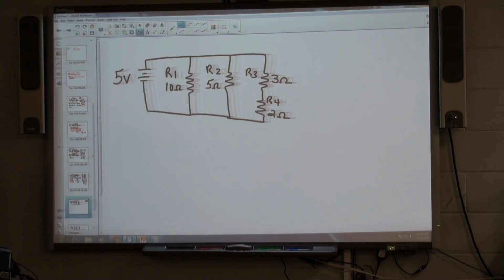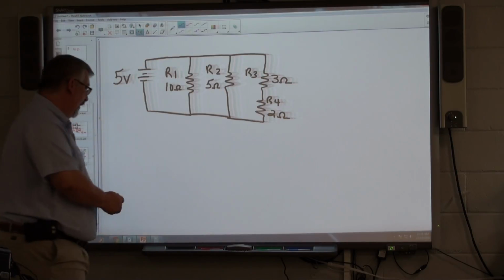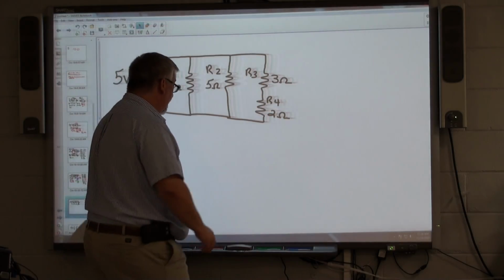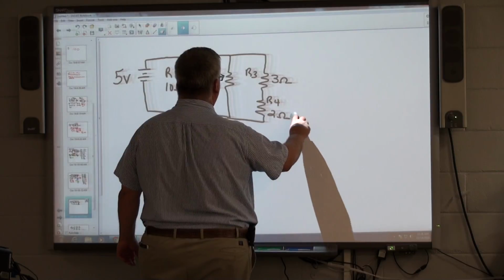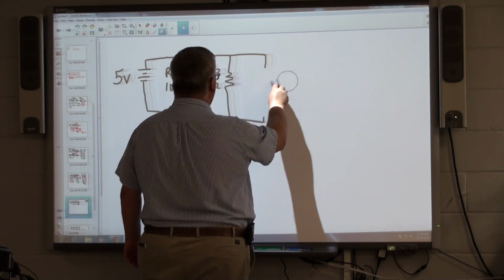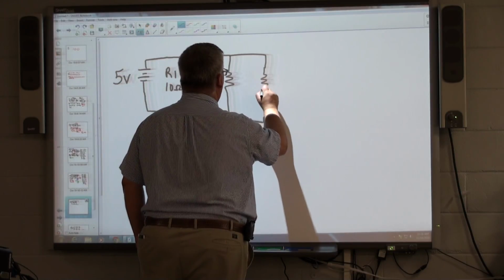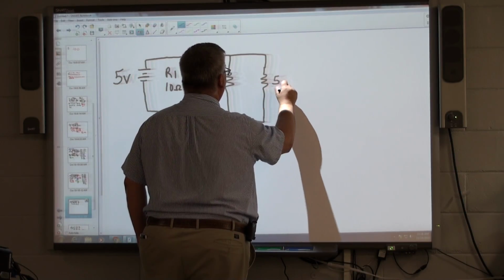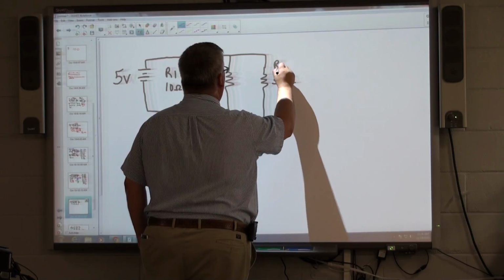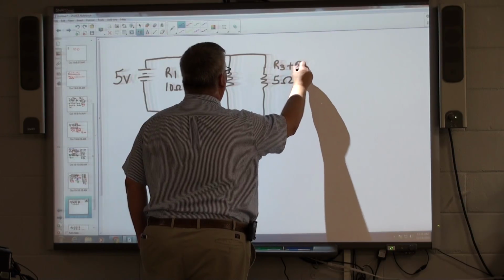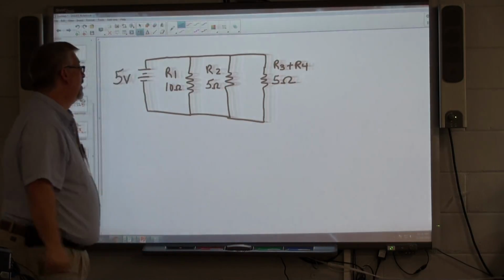Add R3, R4. Yeah. We'll go ahead and do that, and I really shouldn't have done this at this point. But when we get to combinations, this is where it's going to start happening. We would add R3 and R4, and we would get 5 ohms. So I'm just going to call this R3 plus R4, right there.